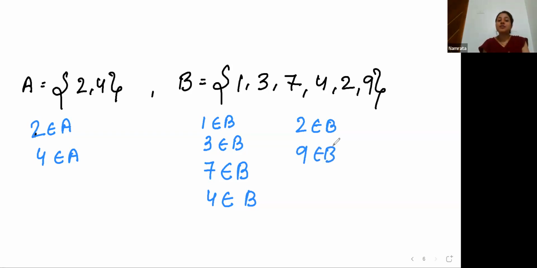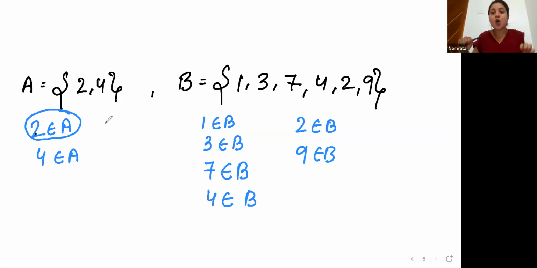Now we have to check whether 2 belongs to set A, and does 2 belong to set B also or not. So one element of set A, does it belong to set B also? Now another element of set A, does it belong to set B also?